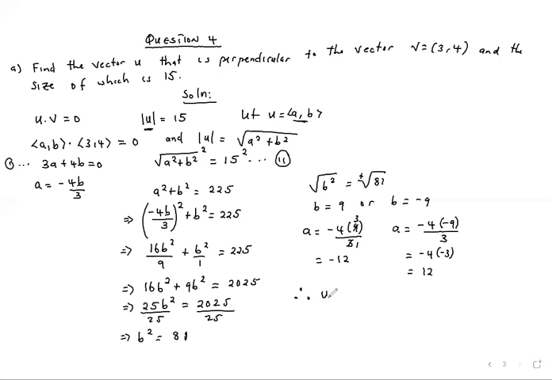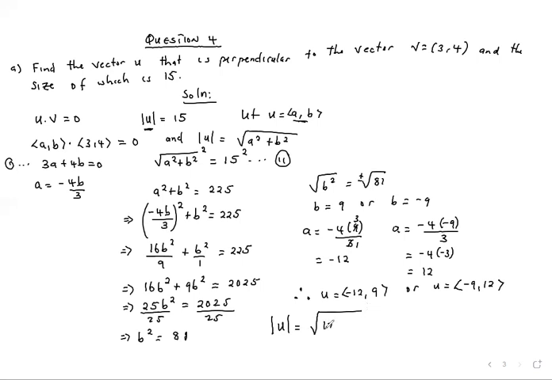Therefore, u is equal to (-12, 9), or u is equal to (12, -9). These are the two vectors that are orthogonal, perpendicular to V and have distance 15. Let's check if the distance is 15. What's the modulus of u?